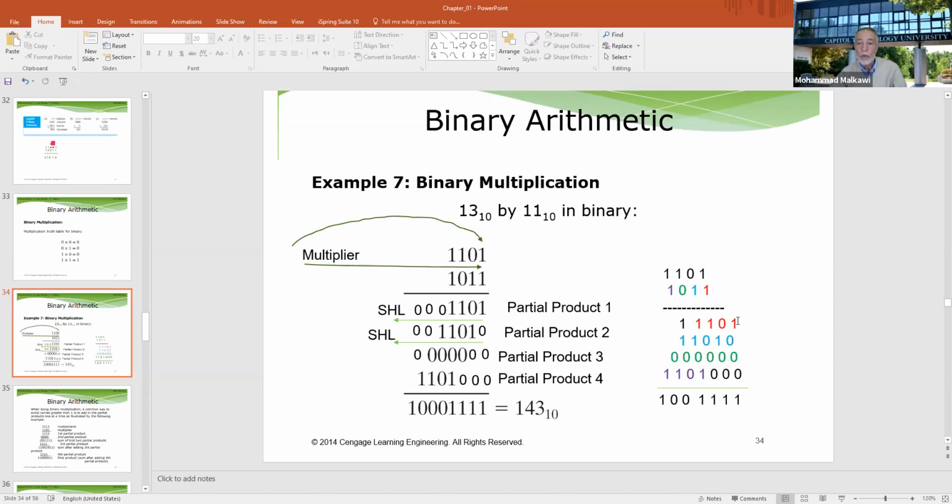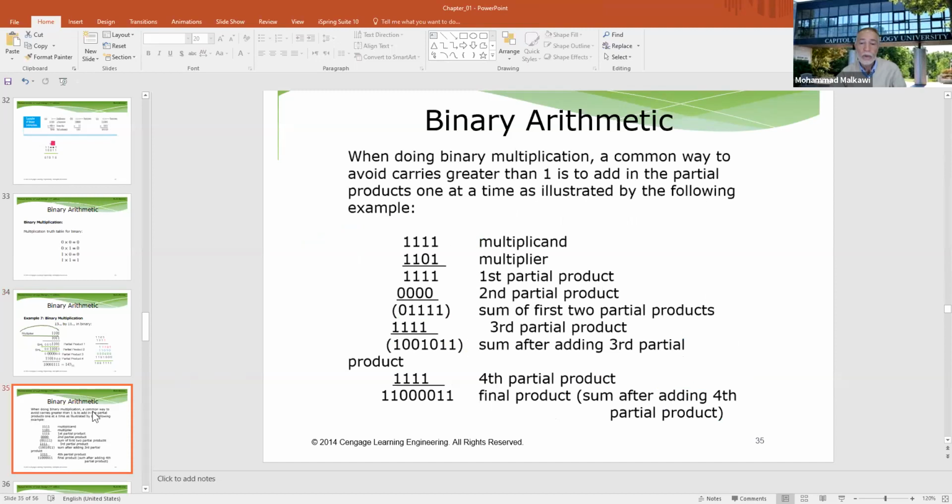So I have 1011, and then the 1101 is shifted to the left, and then all zeros, then 1101 all shifted to the left. I do the addition now in the same manner, and this is how the computer does it. This is how we do it. I will explain this later on when I talk about the computer. Okay, so now this is binary arithmetic.